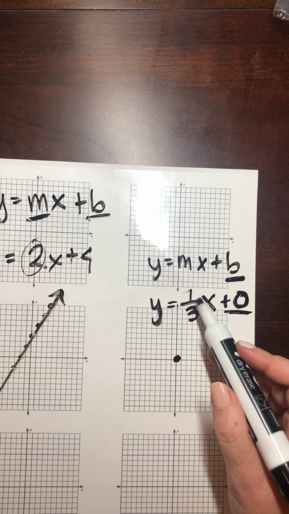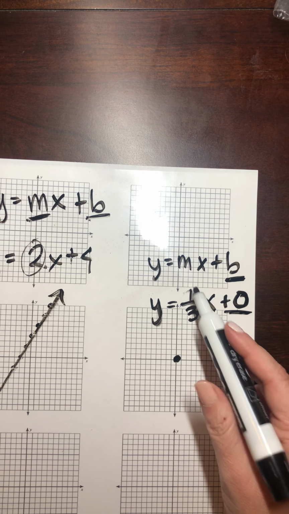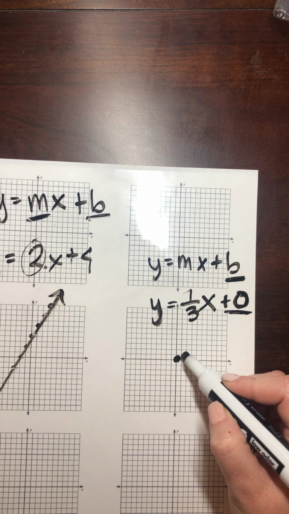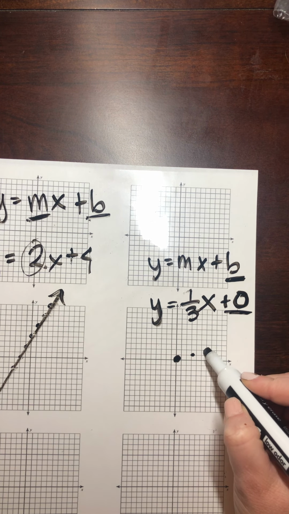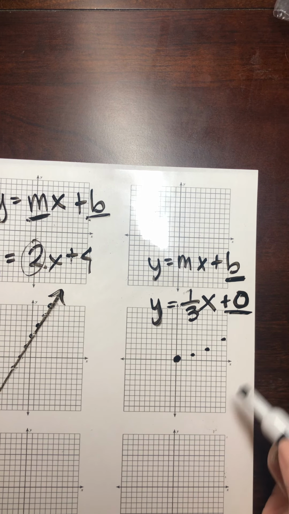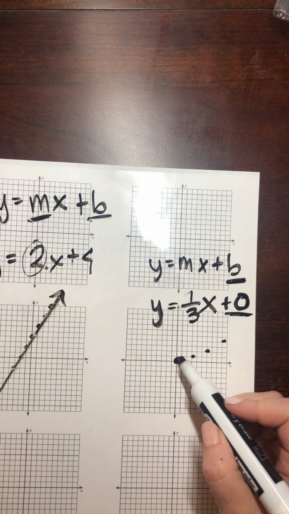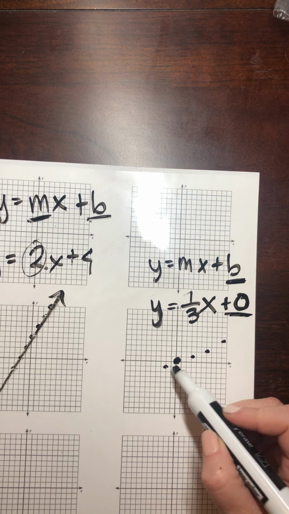And then from here, I use the slope, which is 1/3. So rise over run, it's positive. So I'm going to go up 1 over 1, 2, 3. Up 1 over 1, 2, 3. Okay? And again, if I want to go negative, down 1 over 3, just to keep the line going.